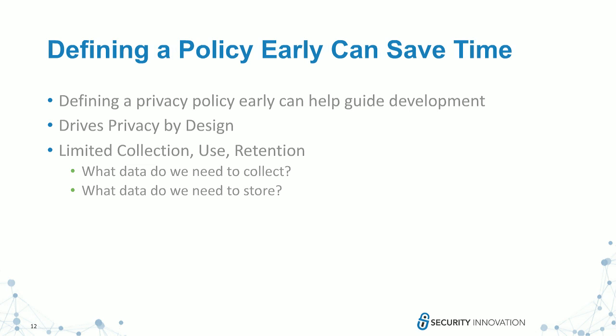So this is something that takes time. So we want to make sure that we're being proactive about this, because not only does it remove some stress of trying to get something like this done really quickly and potentially making bad assumptions, but having a privacy policy can be used to guide the development of an application that is currently being built.